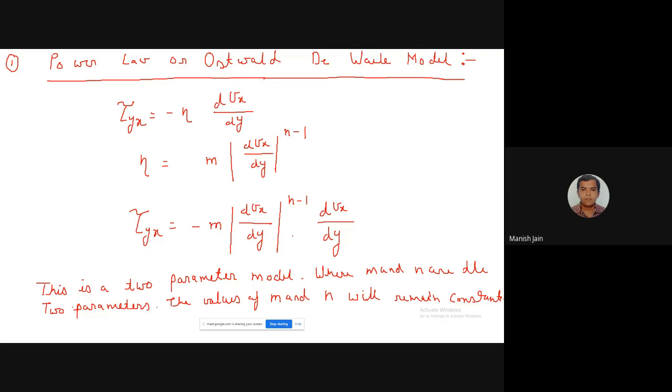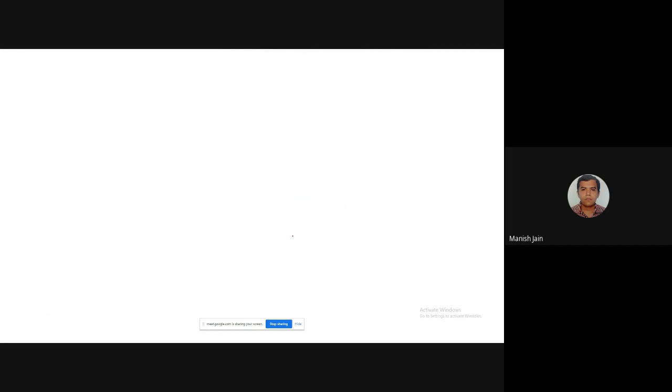Now, how to remove this mod sign? We will see how to remove this modulus sign. So the rule for removal of the modulus sign says if dvx by dy is positive, then when you remove the modulus sign, the quantity will remain positive.